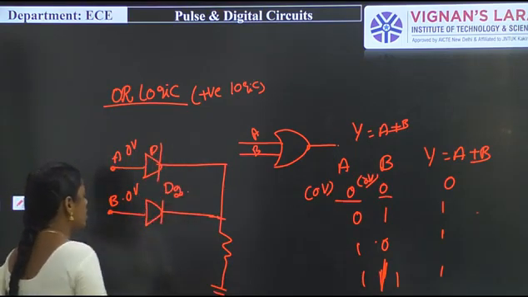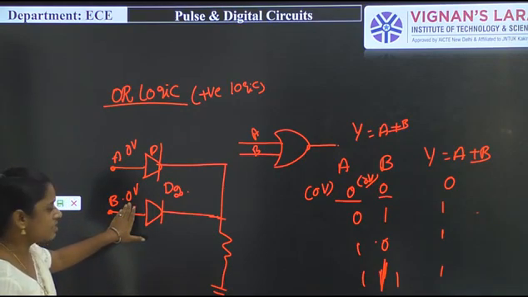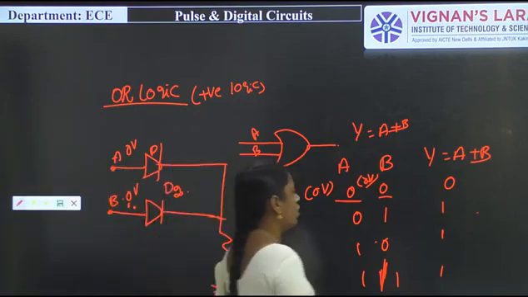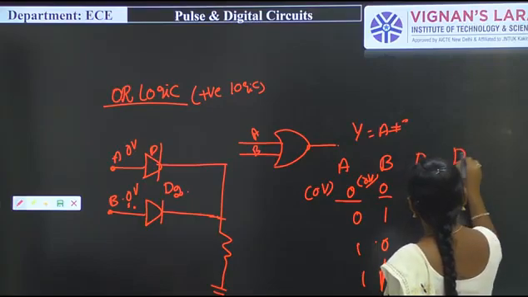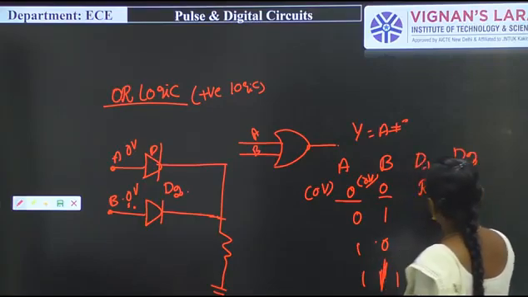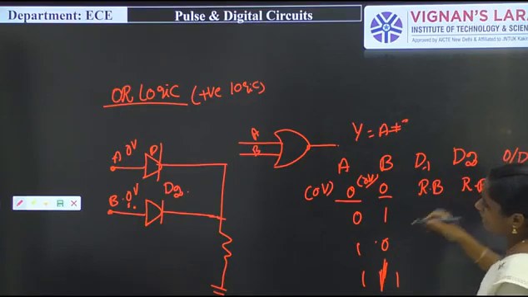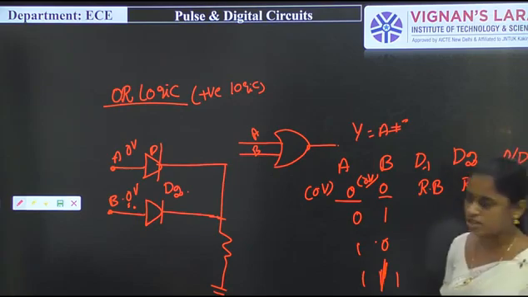At this time 0 volts is applied to the anode of both diodes. Obviously both diodes will be reverse biased. And what is the output? The output will be the ground signal, that is 0 volts. So the 0 volts is represented with logic 0.